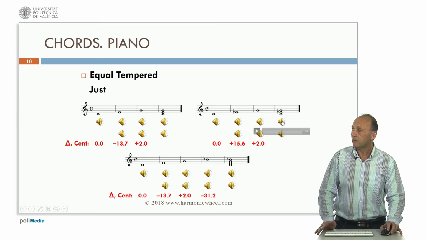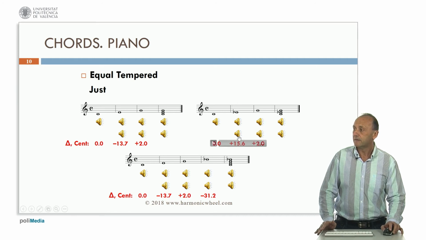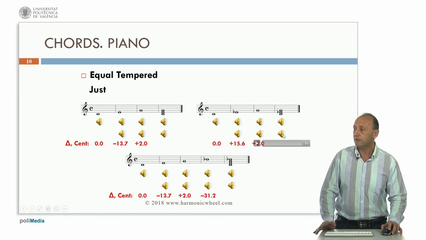Now a minor chord. Now the difference is the E flat. The last one is higher. So we can distinguish between them.